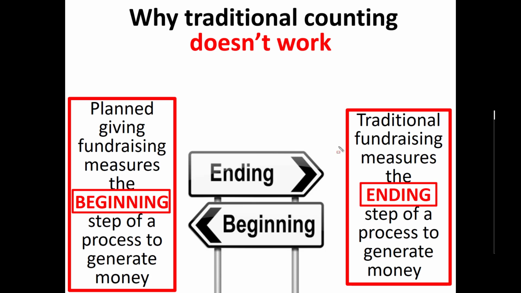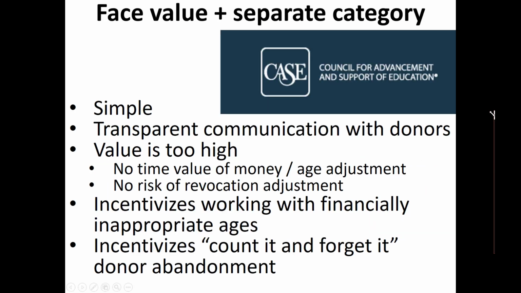And so you get the reality that the metrics are saying you just need to go out and start as many relationships as possible and then never follow up with any of them. That's what's being incentivized.